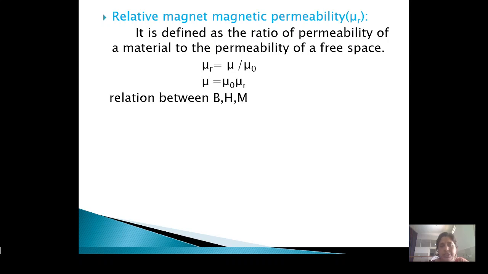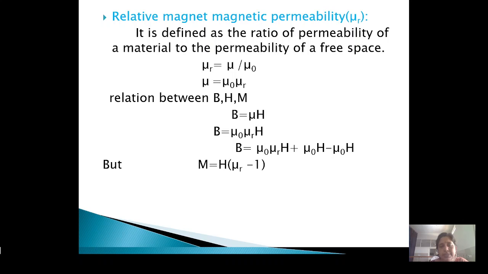Relation between B, H, M. B is the magnetic flux density, H is the field strength, M is the magnetization. B is equal to mu H, which is mu naught mu r H. B is equal to mu naught H plus mu naught H mu r minus mu naught H. But M is equal to H into mu r minus 1.